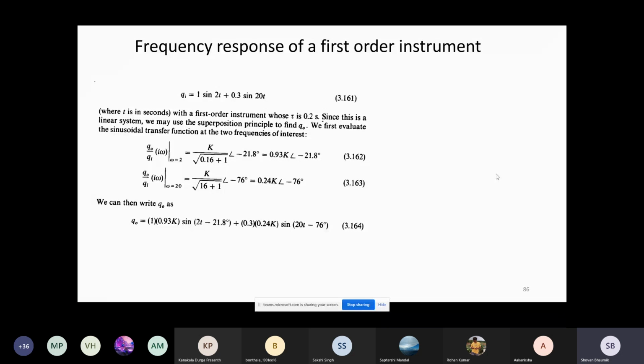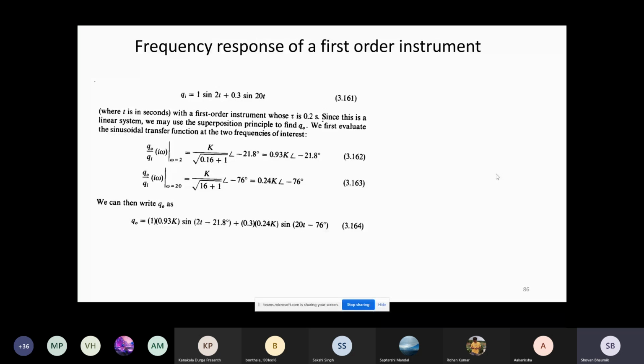The second is 0.3 sine 20t, where omega is 20. Both are applied to a first order instrument whose time constant tau is 0.2 seconds.